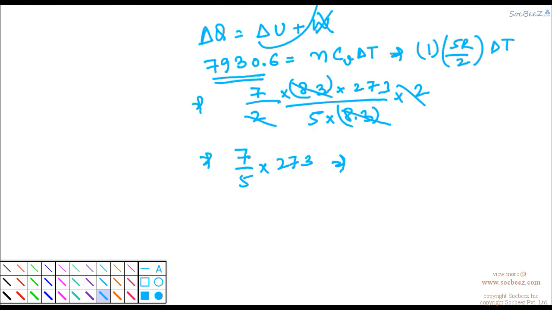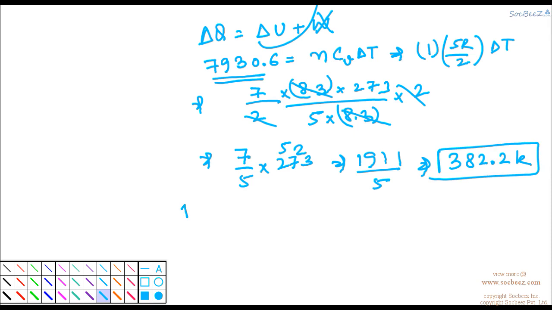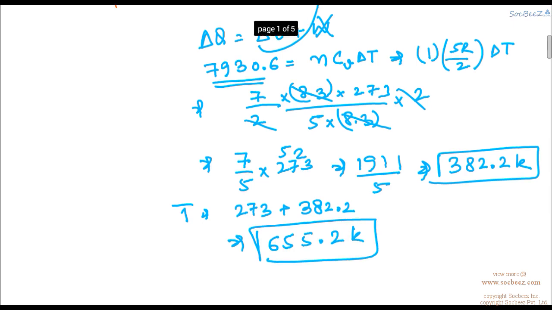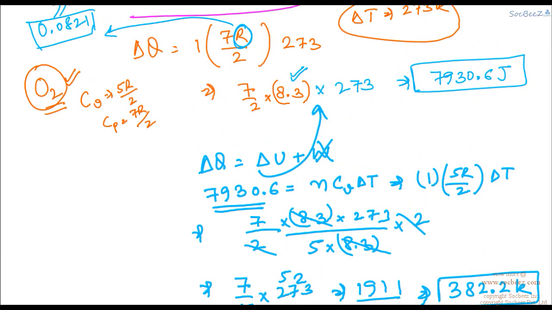That gives us 382.2 Kelvin as the change in temperature. So the final temperature is 273 plus 382.2, which is 655.2 Kelvin. This is the final temperature attained if the same amount of heat is supplied at constant volume.